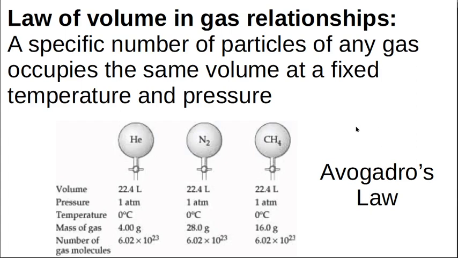The problem is Avogadro's law has the word mole in it, and according to the chemistry curriculum we haven't defined moles yet, but hopefully we will get to moles soon, which will make this more interesting. But for now, the law of volume of gases says that a specific number of particles of any gas occupies the same volume at a fixed temperature and pressure.